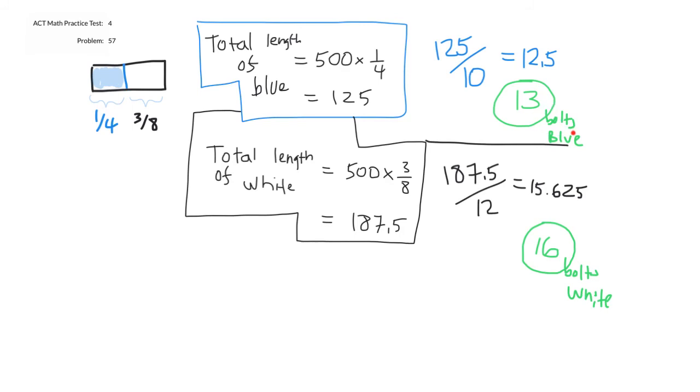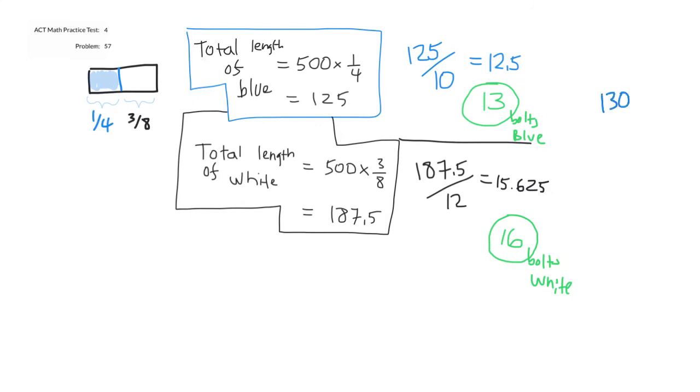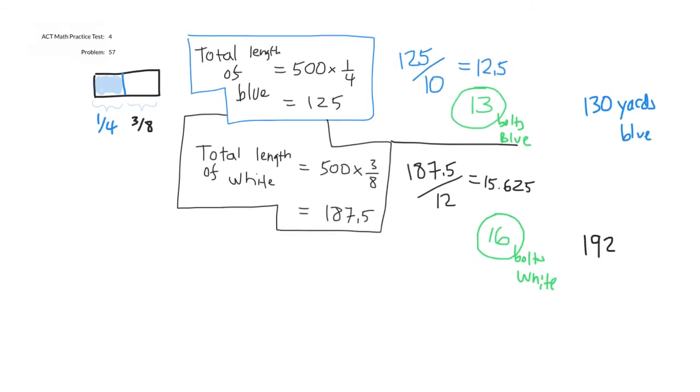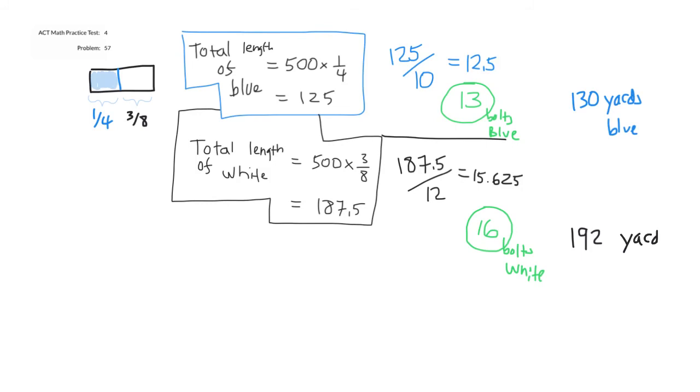So how much length would this be? Well, this would be 13 bolts times 10 yards, because each bolt is 10 yards, and that would give us 130 yards. So that would give us 130 yards of blue. Similarly, what would the total length be of 16 bolts of white? Well, each of these bolts is 12 yards, so that would be 16 times 12, which is 192 yards of white.